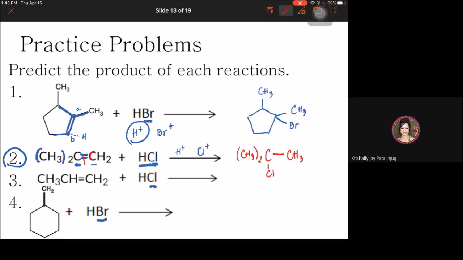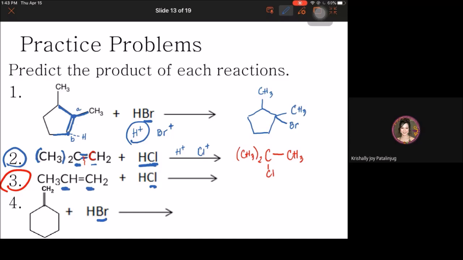Alright? Continue. Number 3. Compare again which of these reactive site carbons has more hydrogen, very obvious. On the left side, only one.